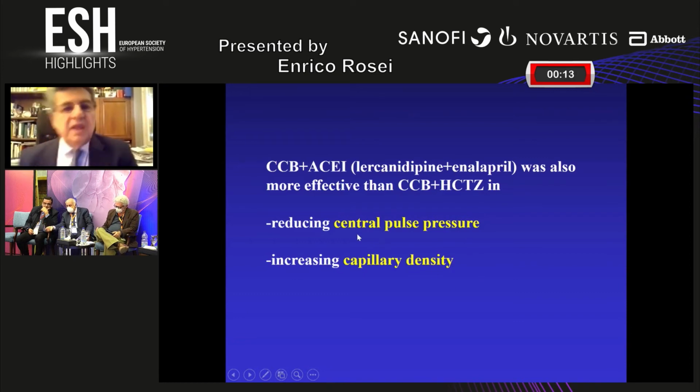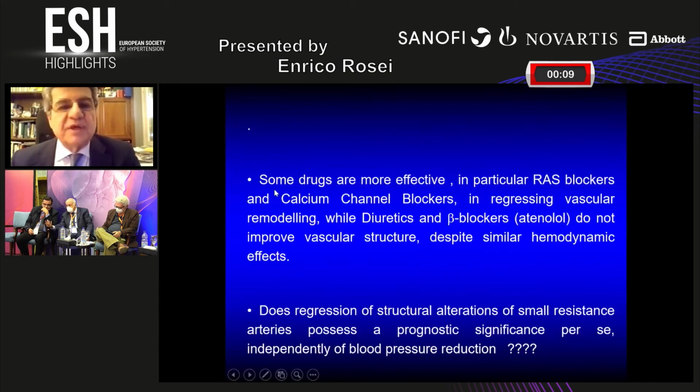So in summary, some drugs are more effective, particularly RAS blockers and calcium channel blockers, in regressing vascular remodeling, while diuretics and atenolol do not improve vascular structure despite similar hemodynamic effect, by similar reduction of blood pressure.